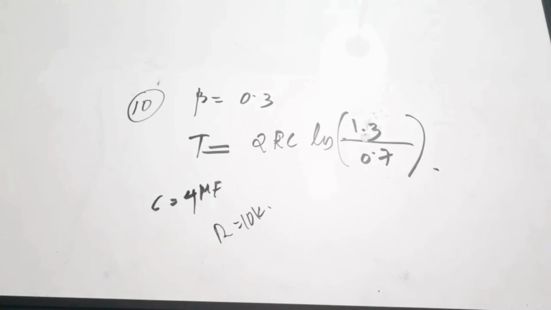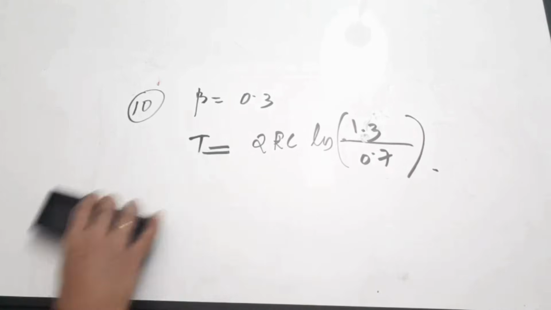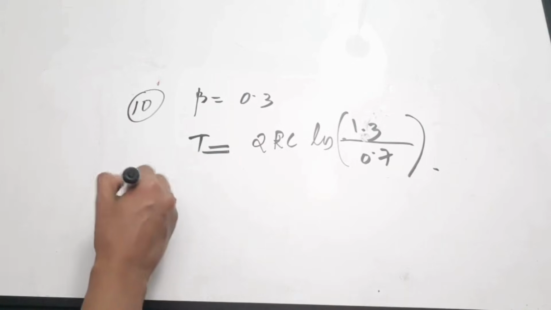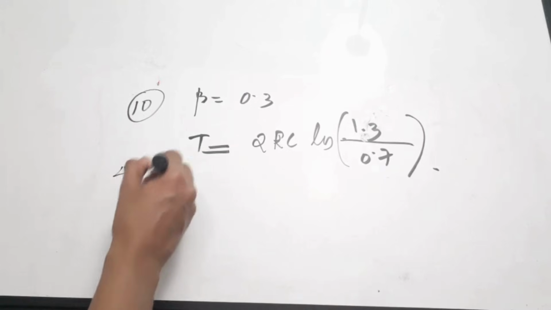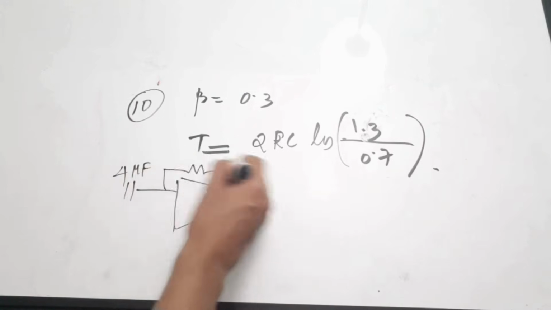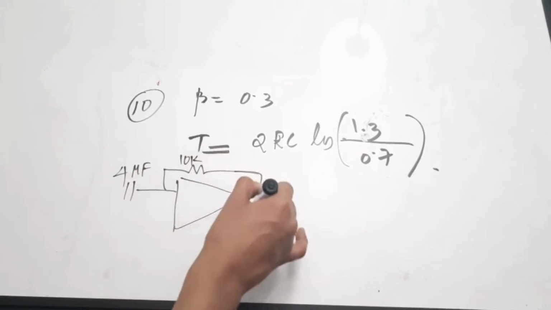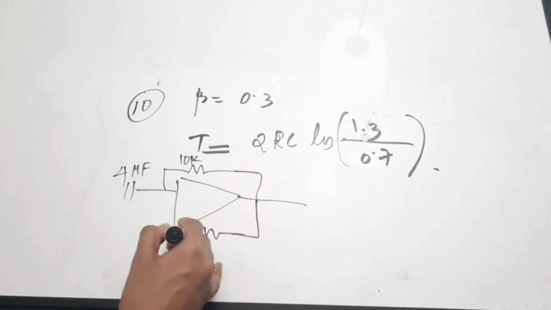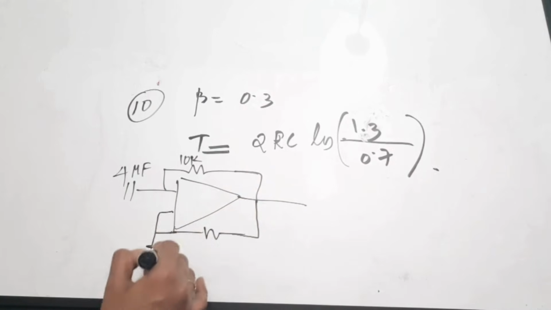Okay, so if you see the feedback circuit, I'll draw the circuit for you. The circuit has a 4 microfarad capacitor here. There is a feedback resistance of 10K. Okay, this is the feedback resistance. And there is a resistance here, and here there is again another resistance.